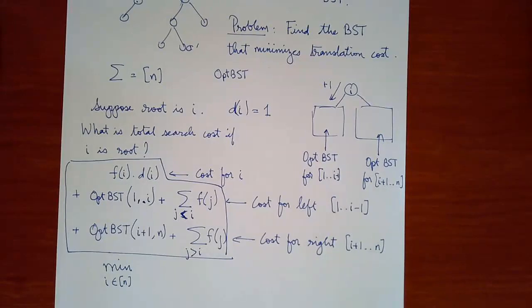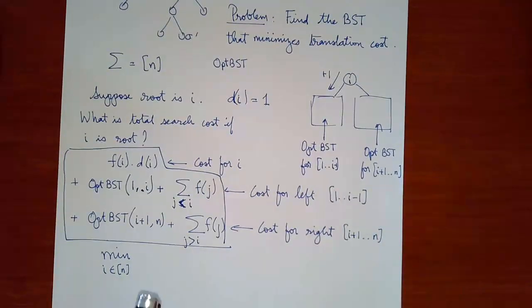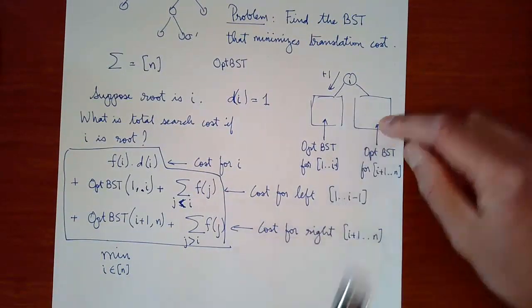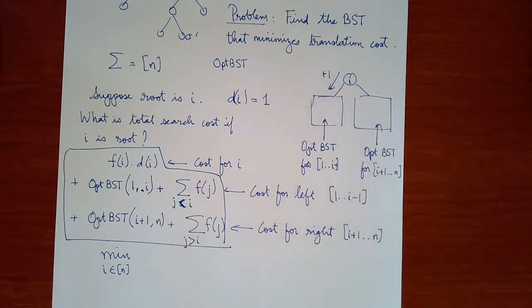Does this make sense? How many subproblems do you have? No, total. In total, how many subproblems? You have more than n. Think about what happens when this gets split and this gets split.